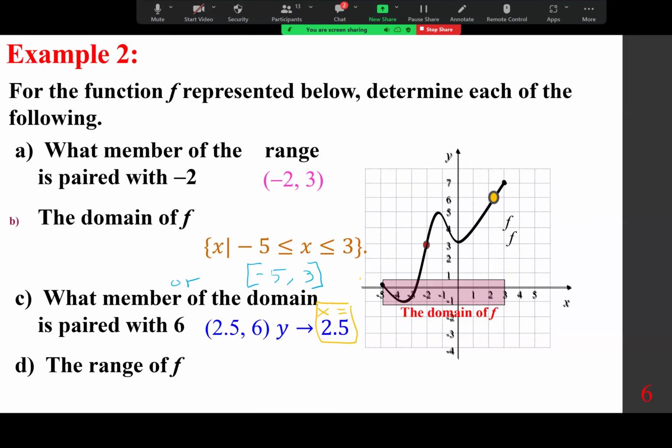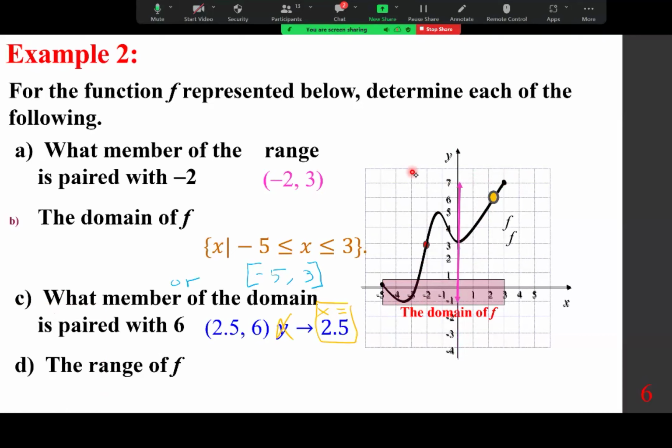So in fact, let's just get rid of that. What about the range of f? If we lay this down along the y-axis, the bottom seems to be covering -1, the top seems to be covering 7.